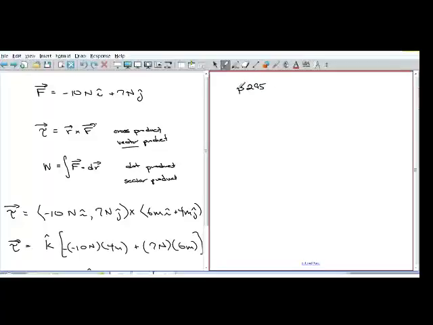So this is page 295, and what I want you to do is problem 7, number 10, and number 13. So those are the calculus-based version.